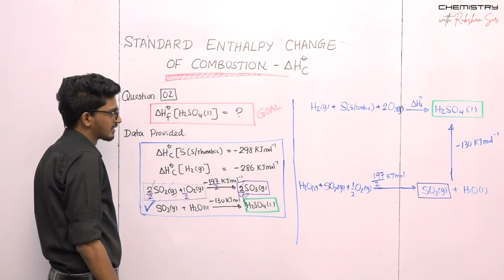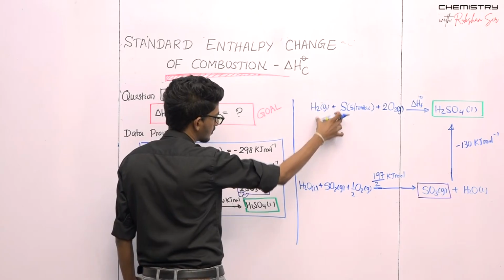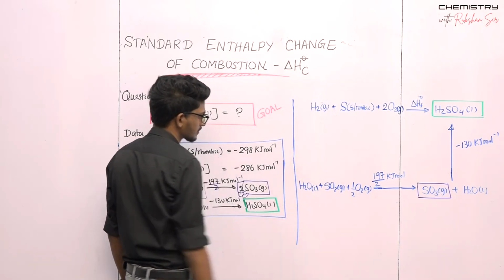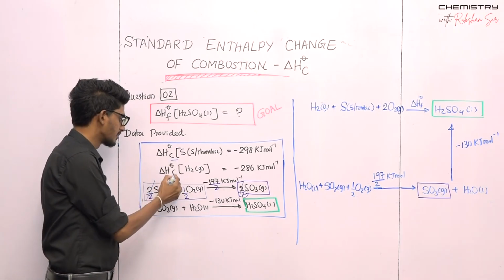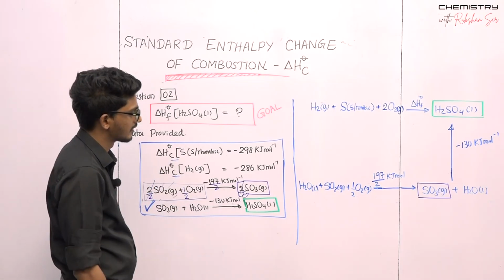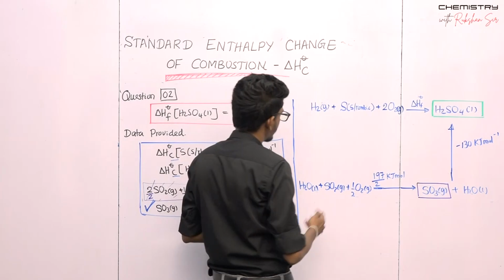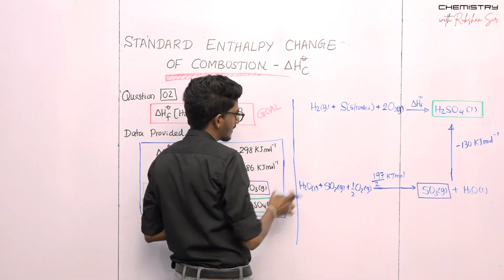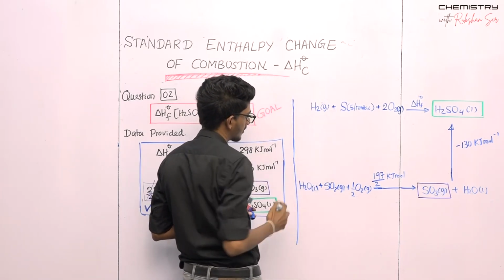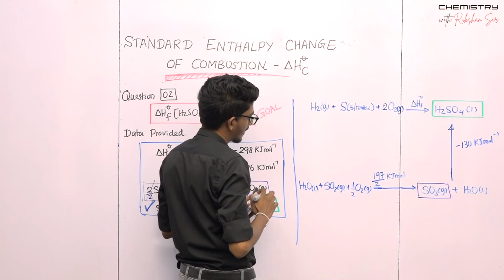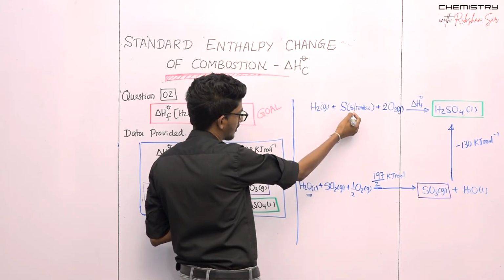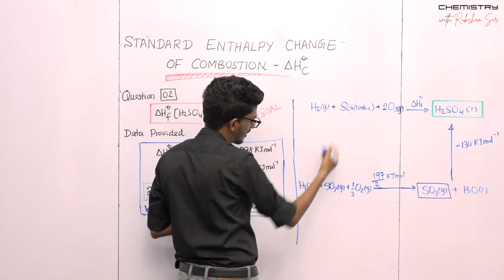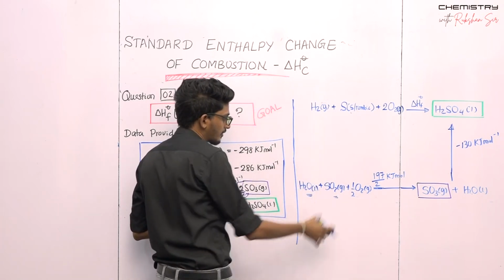Okay, next, now it's time to convert this to here. So actually, that can be done by the combustions. See, this is all about combustion of H2 gas and combustion of sulfur rhombic, no? Combustion of H2 gas will give you the hydrogen oxide. Combustion of sulfur solid rhombic will give you the oxide of sulfur.